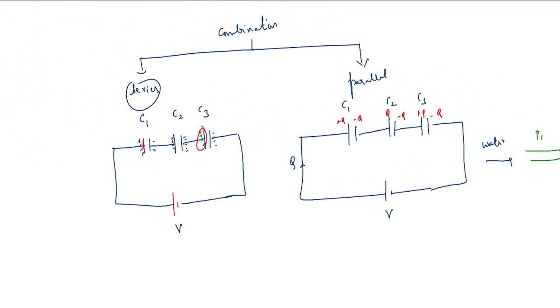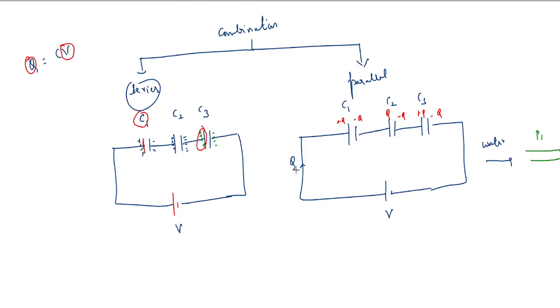Now recall here that Q is equal to C into V. C can vary, we can't control C because C depends on the plate dimensions, not on the battery or the charge flowing through it. So these capacitors can have the same capacitance or different capacitance. Here we have taken 3 capacitors of different capacitances, so we can't alter C. Out of these two terms, one would remain constant and one would vary.